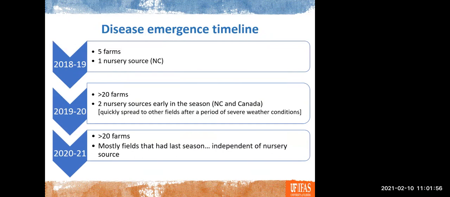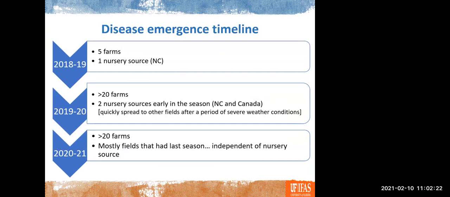Moving forward to the 2019-20 season, we had a significantly higher number of farms that had a problem. But again, it was easy to see, particularly early in the season, a link with nursery source. In that case, there were 2 nurseries that had an issue, the same nursery in North Carolina, as well as a nursery in Canada that got plant stock from the North Carolina nursery.